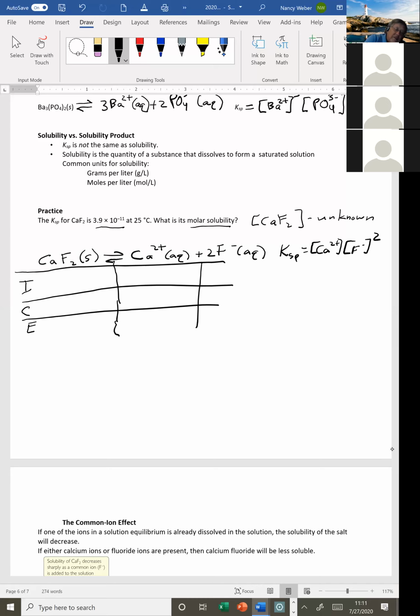Now, because the calcium fluoride is solid at the start, we don't have any part of that enter into the calculation. But this starts off at 0. Fluoride is going to make plus 2x, right? Calcium plus x.